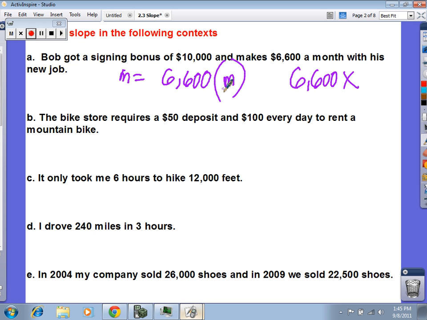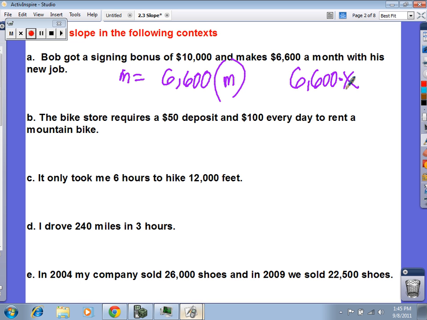So if he works for 10 months, I'm going to do 10 times 6,600. What is this changing? In what direction? Positive or negative? It's positive. Each month he gets $6,600. So you always write it times a variable. And we're going to use x, but x stands for m, which is month. X stands for month. What about B?